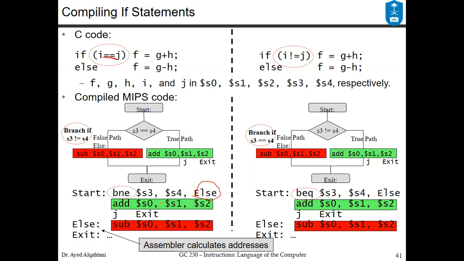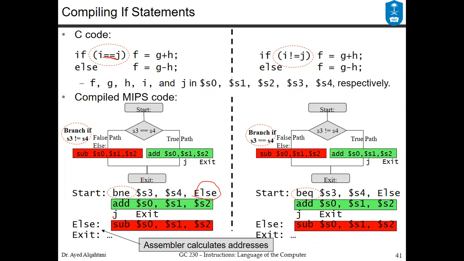You put the add. After the add, you're done with the true path. Maybe one statement, maybe one instruction, maybe more than one instruction. It depends on how many instructions in the true path. The last one, after the last instruction, you say jump to the exit. Jump after the false path, you get the exit here, so you jump to the exit.